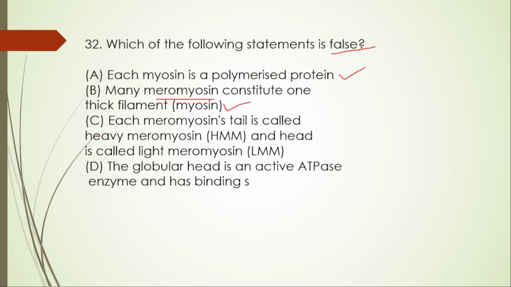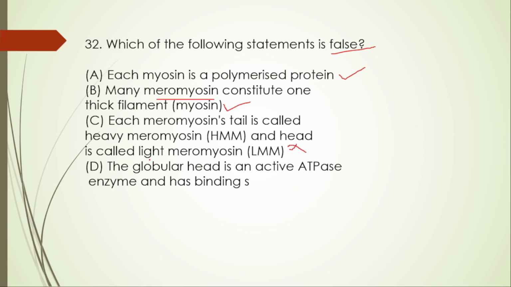Meromyosins. C. Each meromyosin's tail is called heavy meromyosin, that is HMM, and head is called light meromyosin, that is LMM. This one is wrong. Naming is reversed here, isn't it?